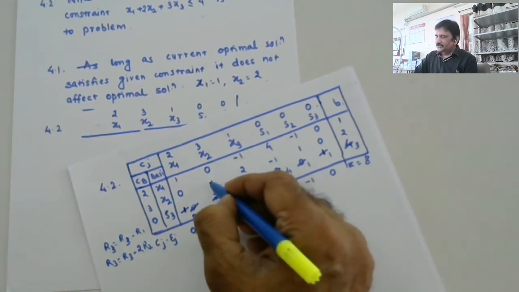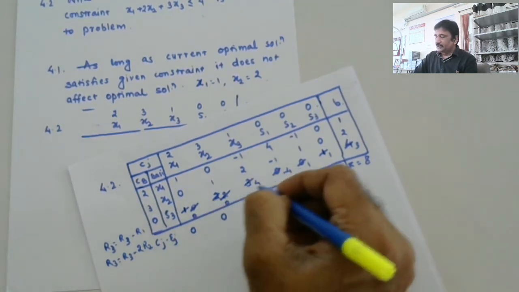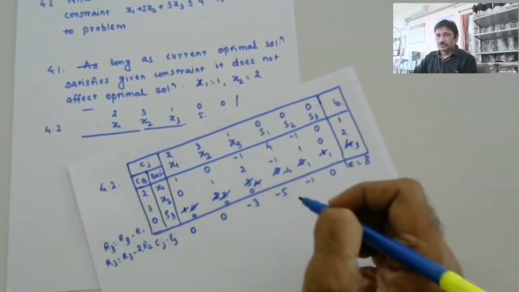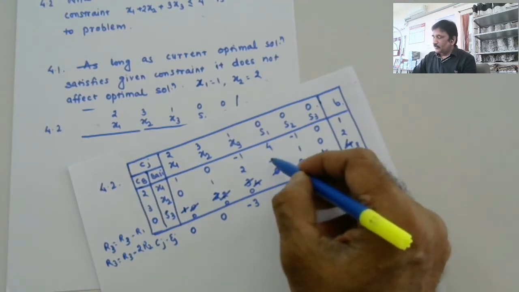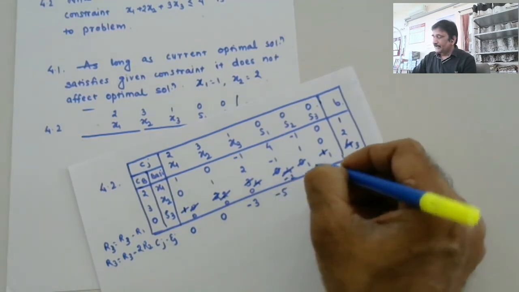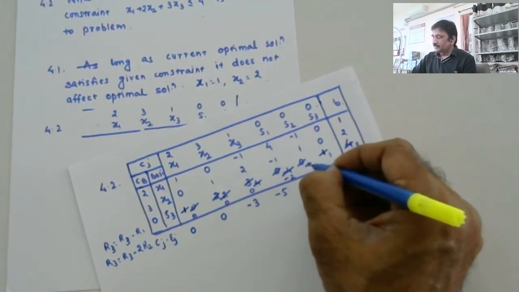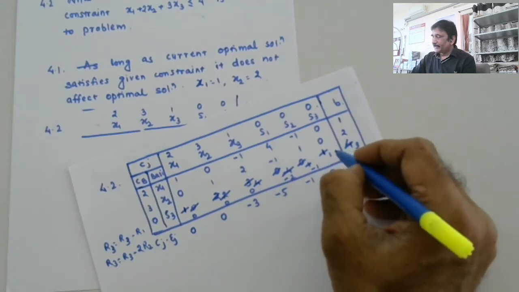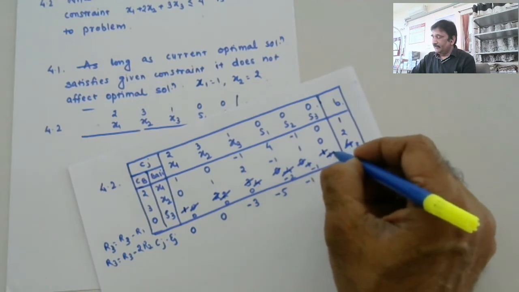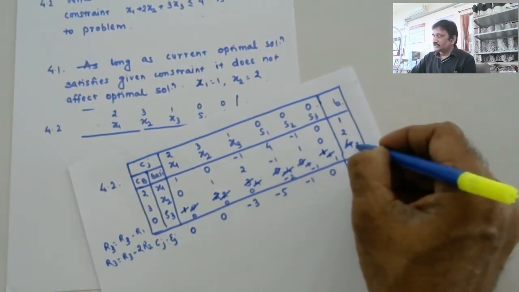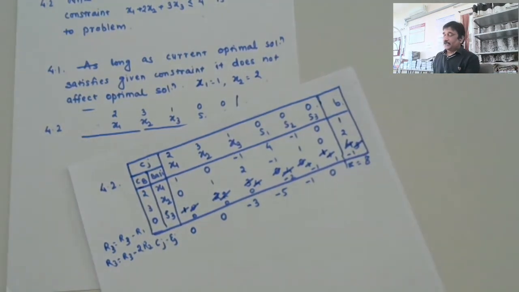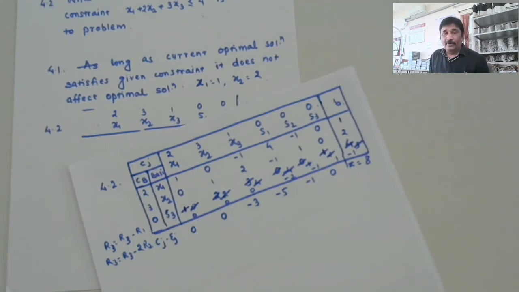This minus twice of this will get me 0 here. 4 minus twice of this will convert this also to 0. Minus 4 minus twice of this will get me minus 2 here, and 1 minus twice of this is minus 1 here, and 1 minus twice of this will be 1 again, and 3 minus twice of this will get me minus 1. So I have restored the canonical form.